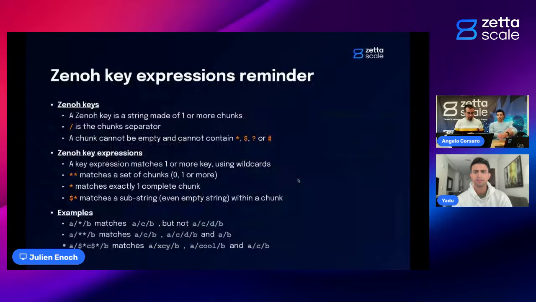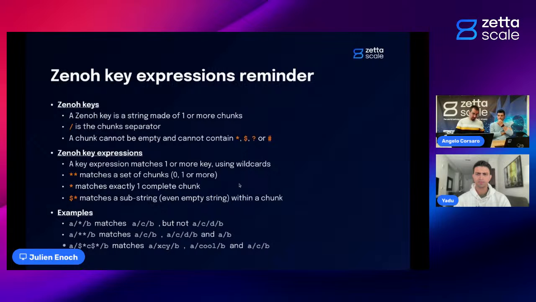A Zenoh key is a string made of one or more chunks, and the slash is a separator of the chunks. A chunk cannot be empty, and it cannot contain some specific characters which have a specific meaning for Zenoh. Those characters are the star, the dollar, the question mark, and the hashtag.